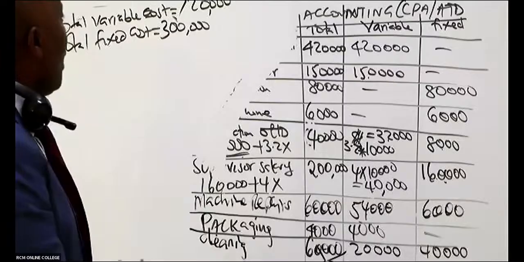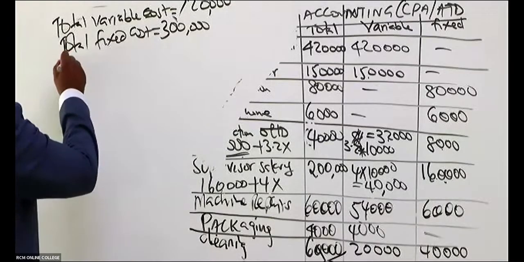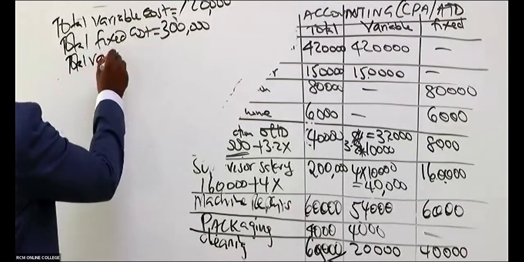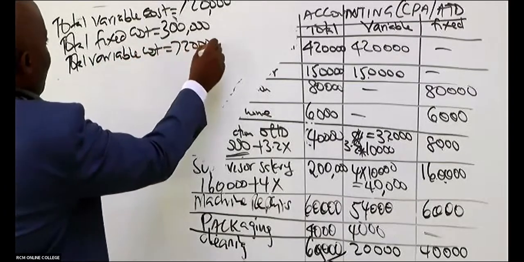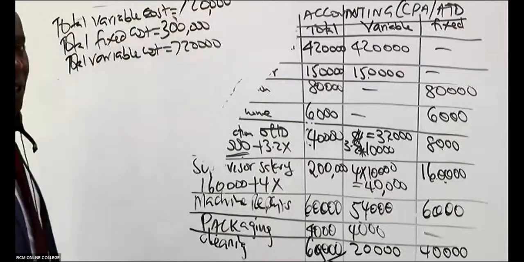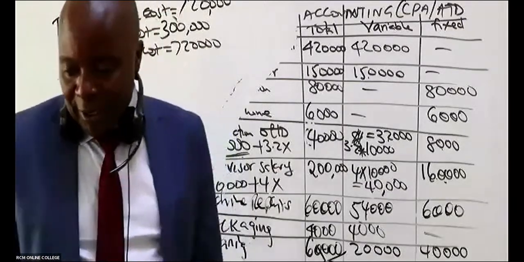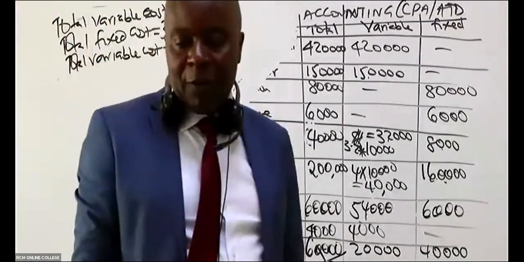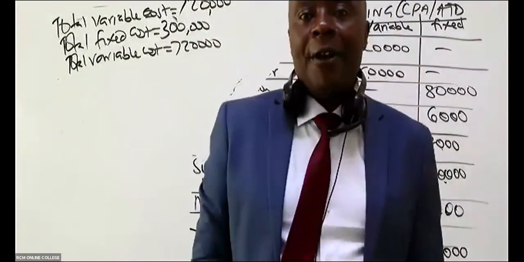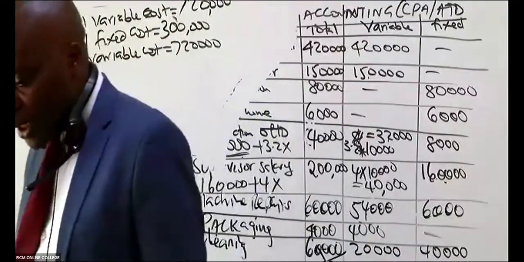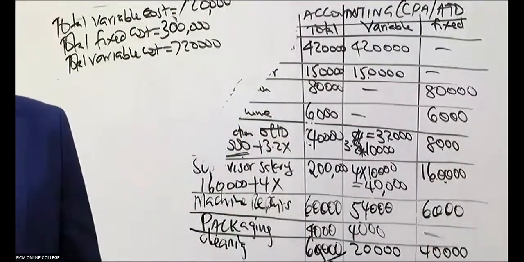So I'm told the total variable cost is 720,000. I only want fixed cost to be confirmed by somebody. I want to see somebody confirming the fixed costs which were given to me by Bwana Kennedy. It's always good to hear this from others. Yeah, I can see some other students have confirmed.